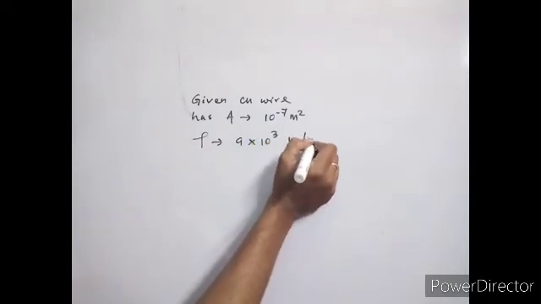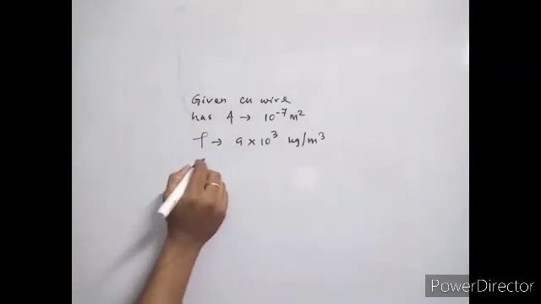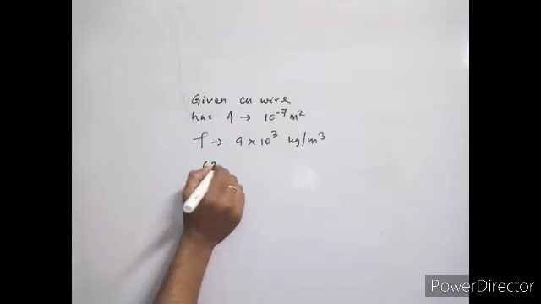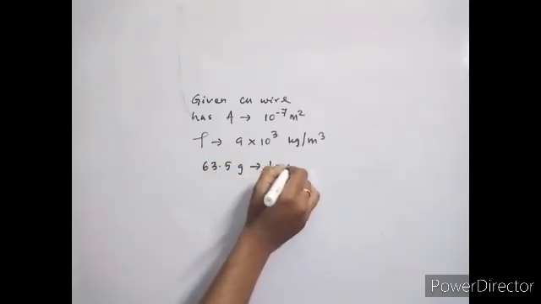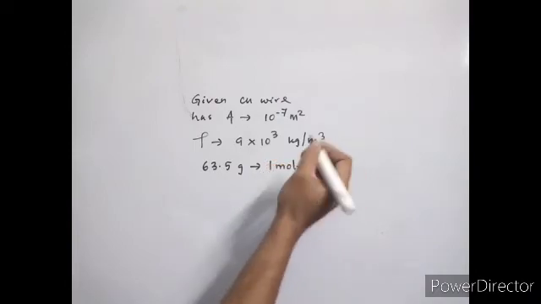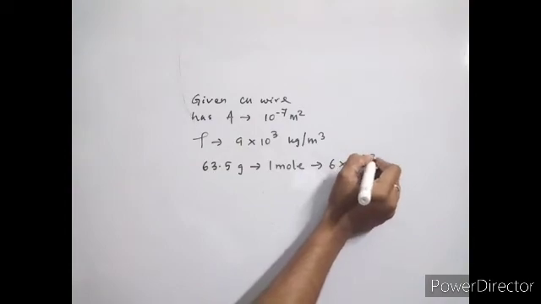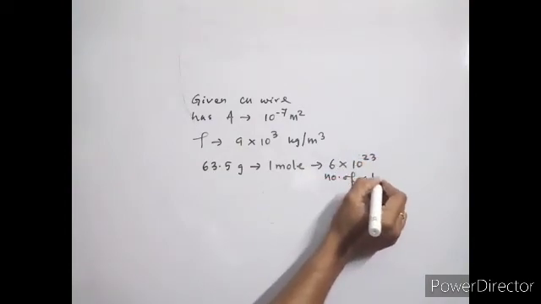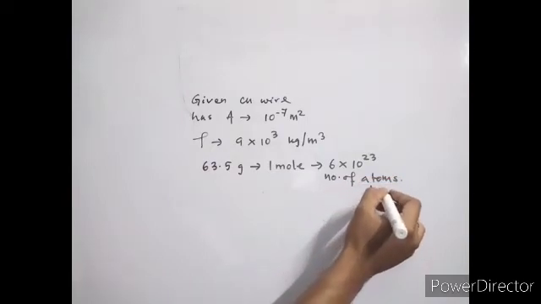We have the density of copper wire to be equal to 9 times 10 to the power 3 kg per meter cube. And we have also been given that 63.5 grams of copper make 1 mole, and 1 mole, let us say it is 6 times 10 to the power 23 number of atoms. It's actually 6.023, but as per the question that we have been given, it's 6 into 10 to the power 23.